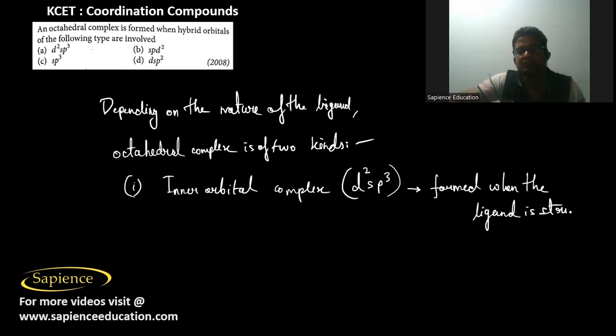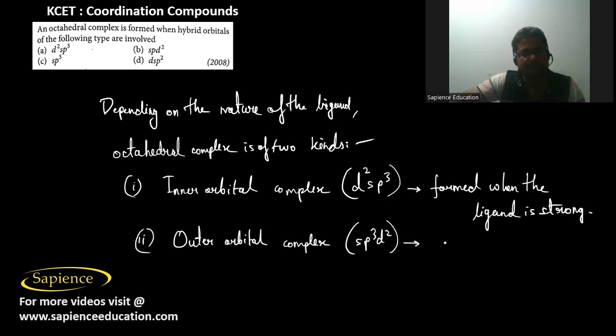And the second type is the outer orbital complex, which is the sp3d2 hybridization, which is formed when there is influence of a weak ligand. So it is formed when the ligand is weak.